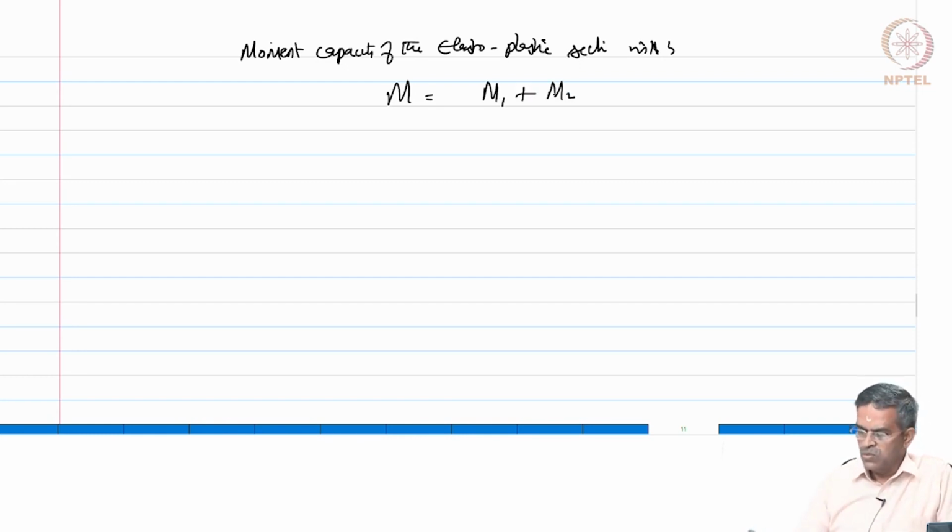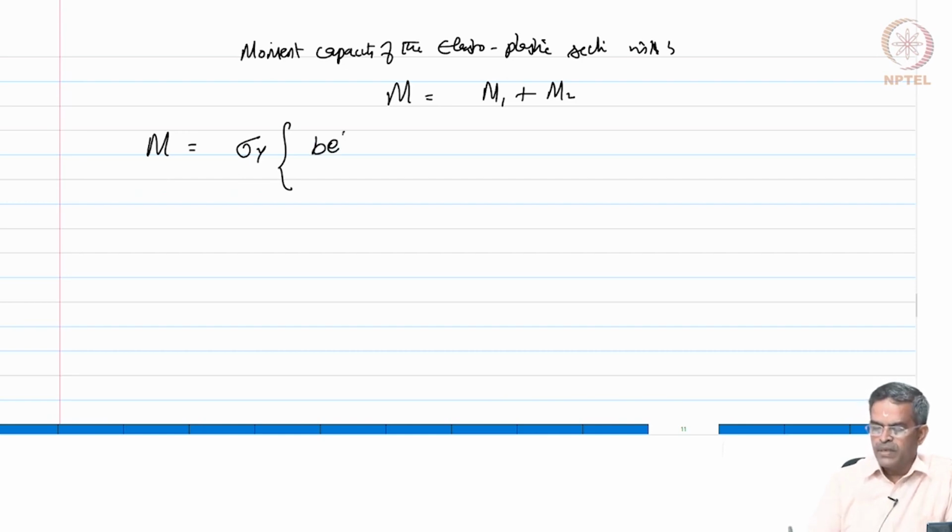So, let us sum these two. What happens? Let us see. So, M is going to be sigma y is anyway common in both cases. The first one was B E square by 6. The second one was B H square minus E square by 4. Am I right?